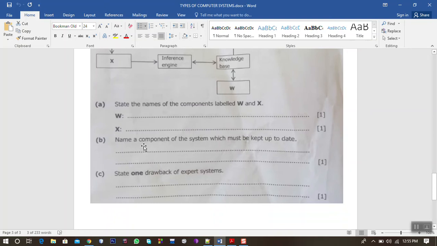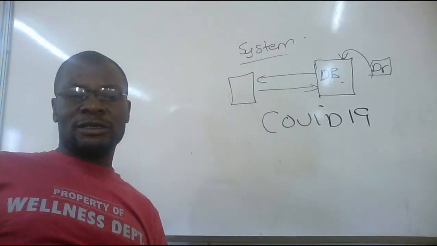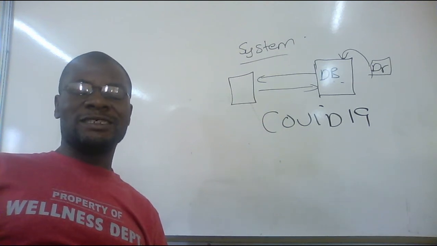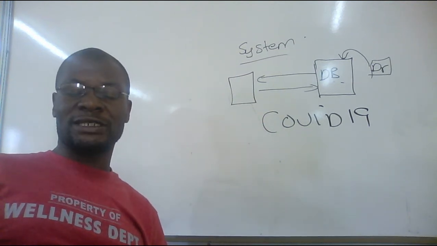Then: name a component of the system which must be kept up to date. This is what I was talking about, and that is the knowledge base, because this contains the knowledge from an expert. When the knowledge from an expert is no longer useful, that simply means that it is outdated and it needs to be updated by an expert in the field of computer science.